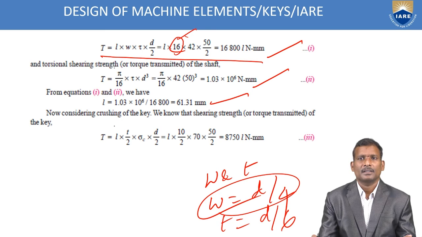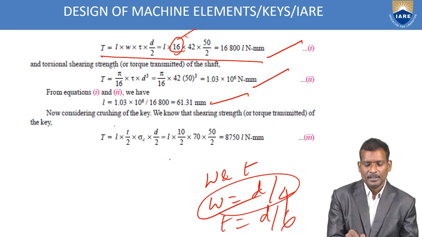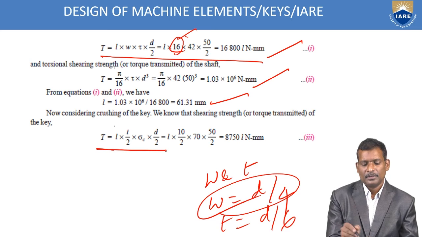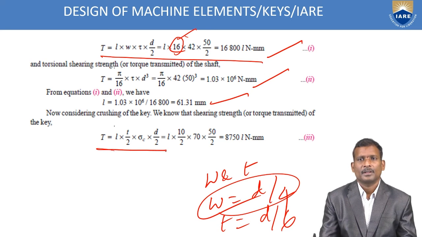Now considering the crushing of the key, we know the torque transmitted by the key: T is equal to L into T by 2 into sigma C. That is the compressive stress already given in our problem.